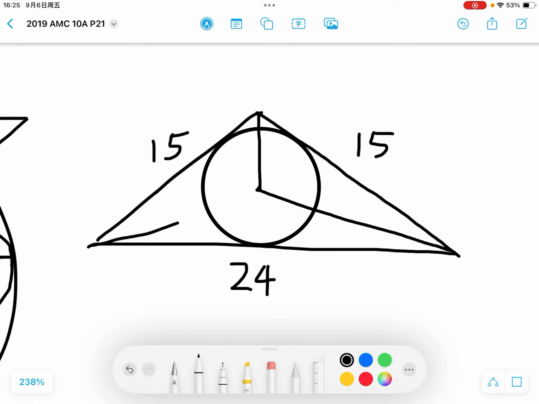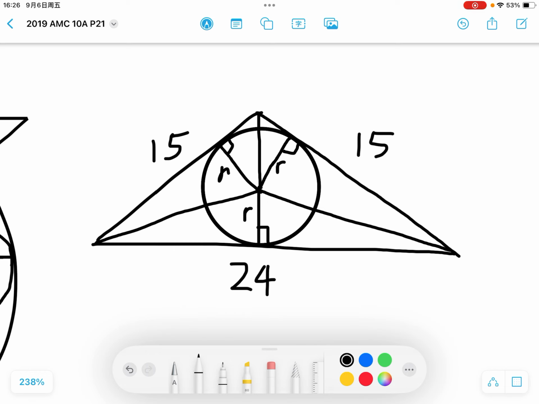These are all angle bisectors. Furthermore, it's tangent to the sides, meaning that it's equidistant from each side. So this is r, this is r, this is r, and this also is r.